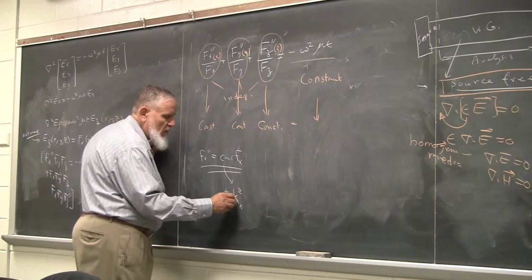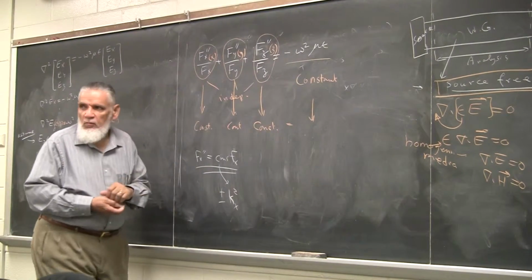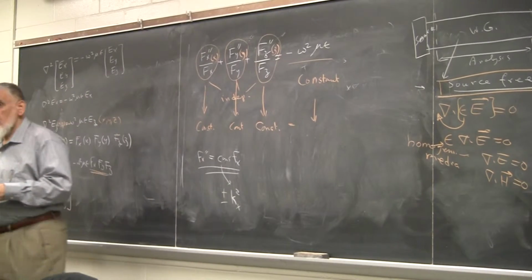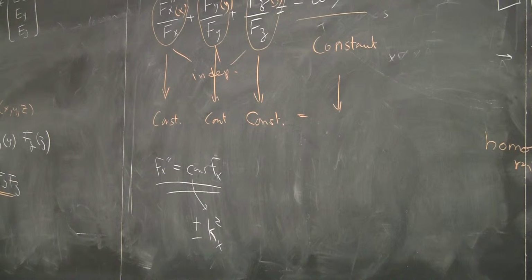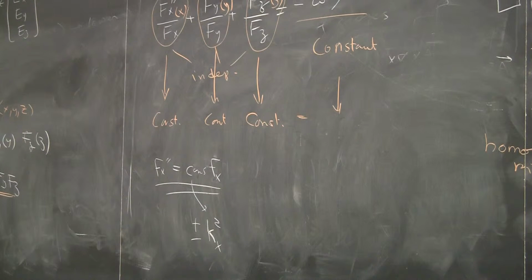The squared is important because I'm going to take the square root. Why the plus or the minus? If I use a plus, then I'll have an exponential of a real. If you use a minus, I have the exponential of an imaginary. And in that case, I get the sines and cosines.